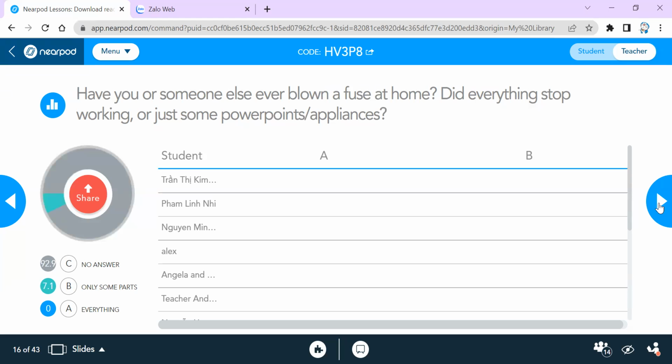That means, did the whole house stop working, or some part of the house stopped working but the others still work? Okay, I saw someone say that everything stopped working. Some say only some stopped working.